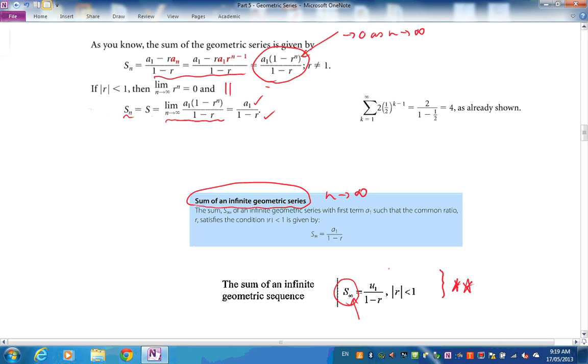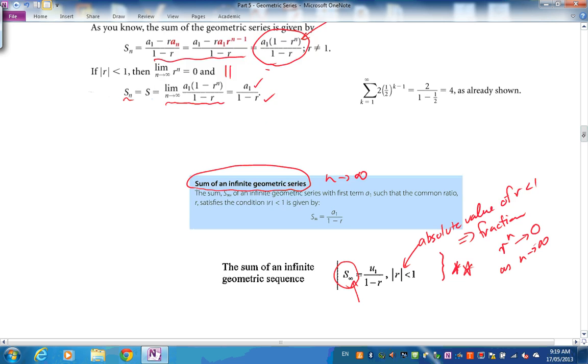Another way of putting it: the modulus or absolute value of the ratio r is less than 1. That means whenever r is a fraction, you get this petering out, this reducing of the size of the term, because remember, r to the n will tend to 0 as n tends to infinity. And that's our idea.